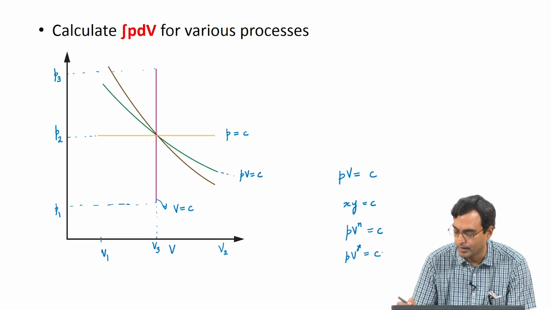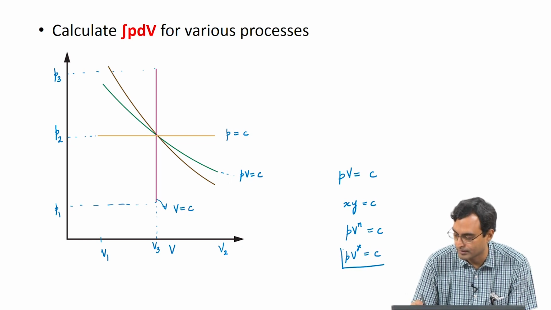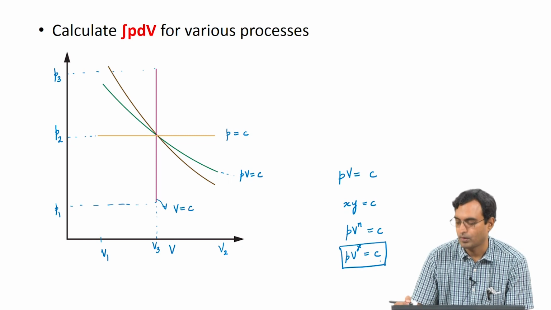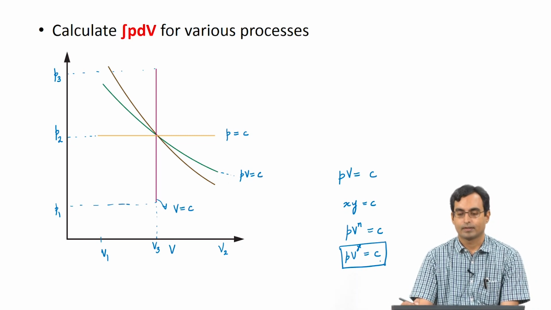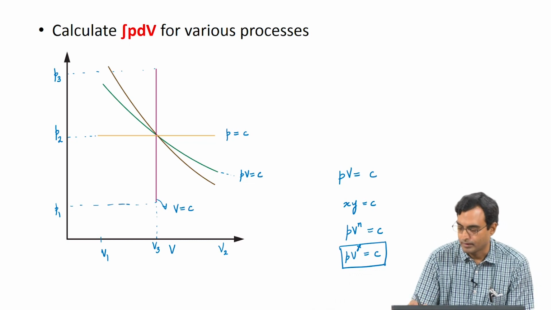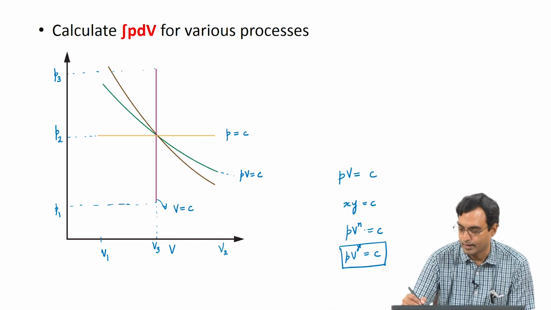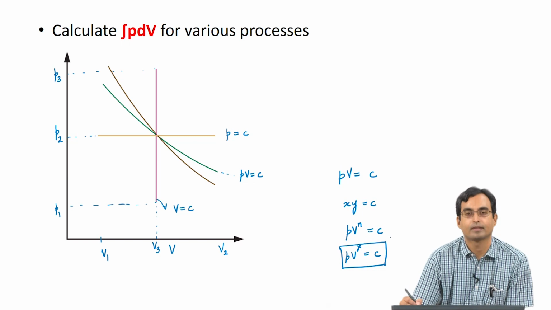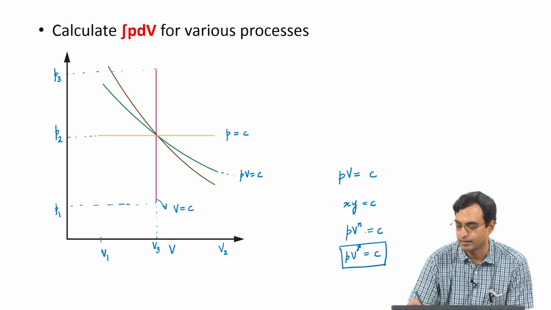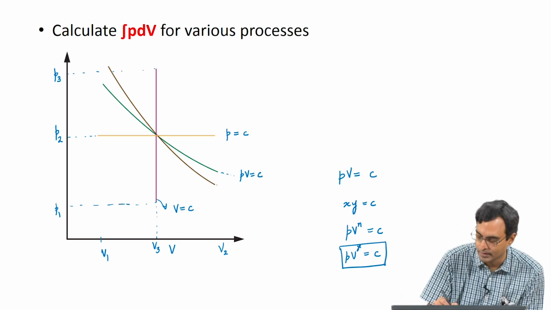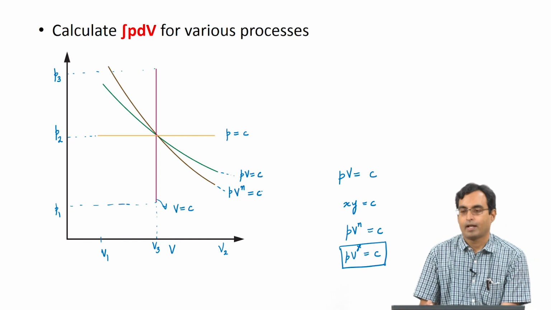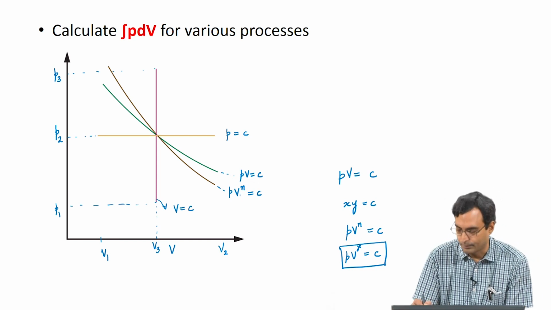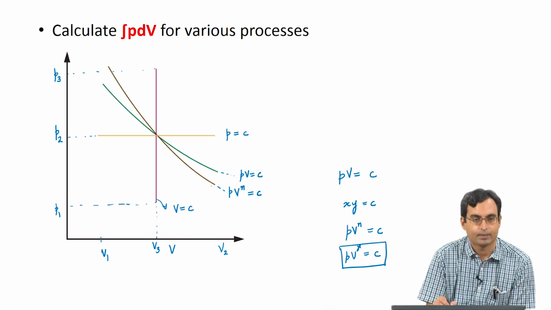So, an equation of the form PV to the power gamma equal to constant for an ideal gas represents an adiabatic process. All of these other processes can be thought of as special cases of this general process PV to the power n equal to constant. If n is equal to gamma, we get the adiabatic process.